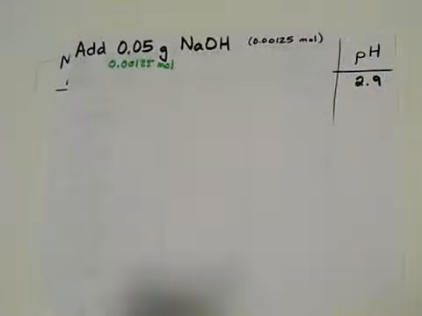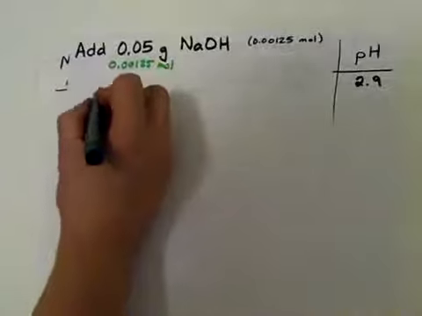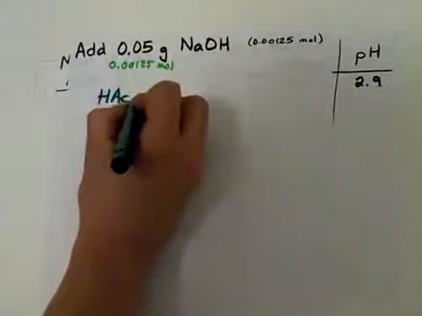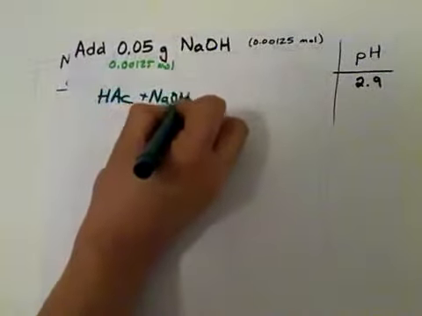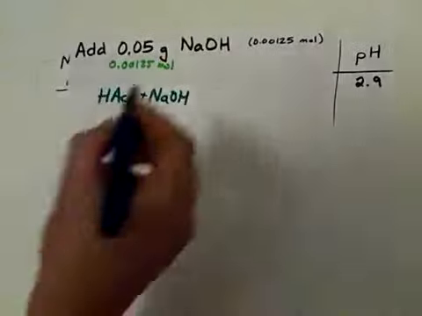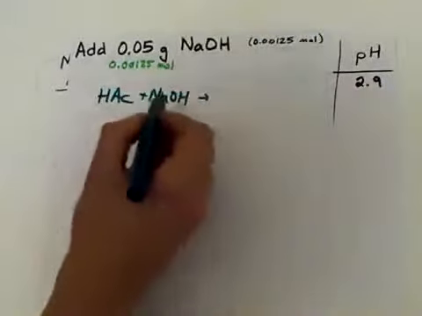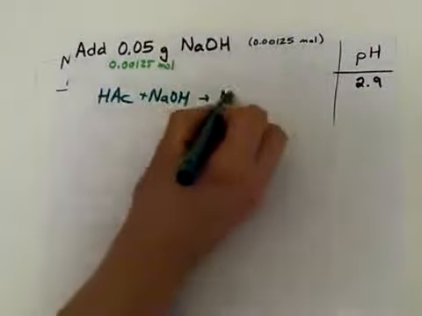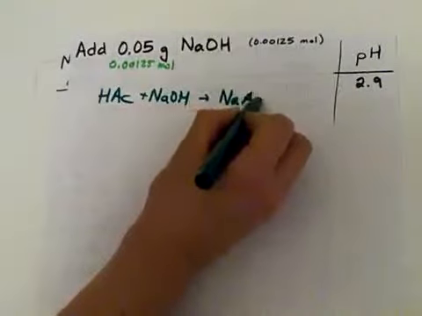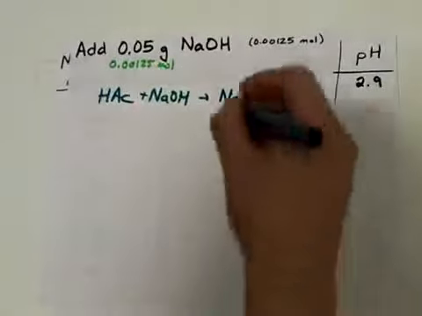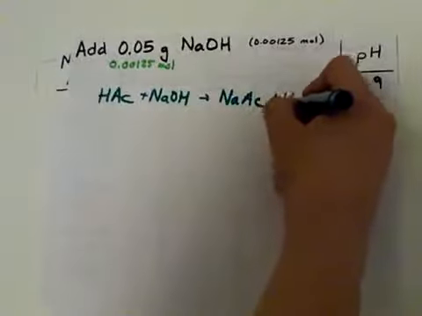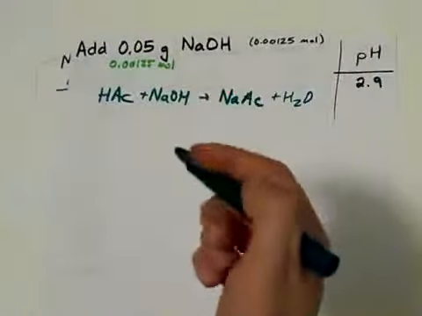What does that mean? Well, I'm going to do a little reaction here for you. When you mix acetic acid with a strong base, NaOH, or any strong base, what you end up with is a salt, in this case sodium acetate, plus water. Oh look, that's a regular acid-base neutralization.